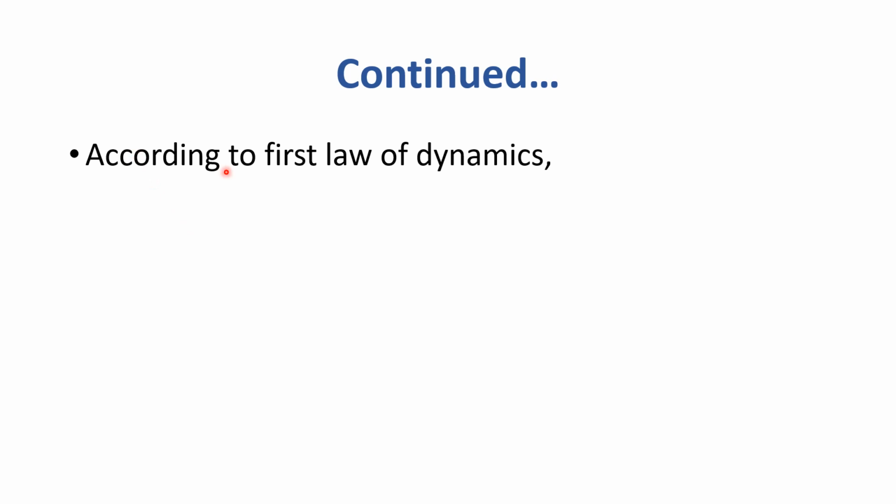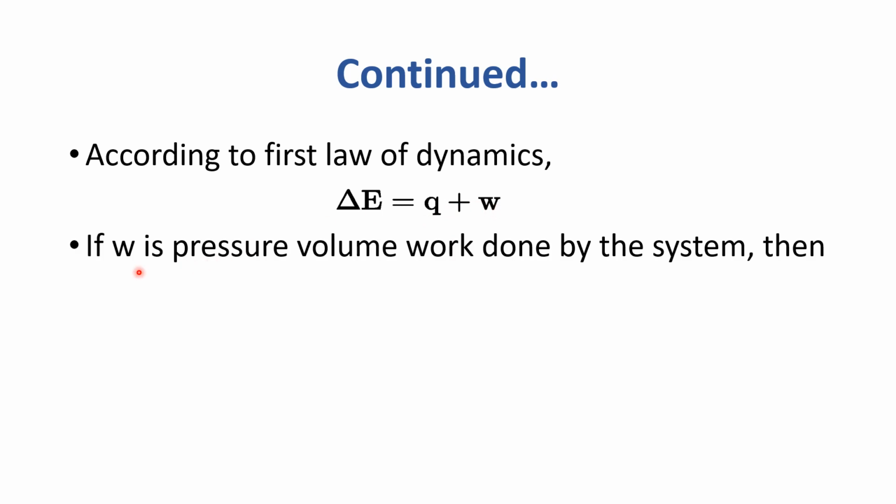So according to the first law of thermodynamics, delta E equals Q plus W. If W is the pressure volume work done by the system, then W would be minus P delta V, because work is done by the system.